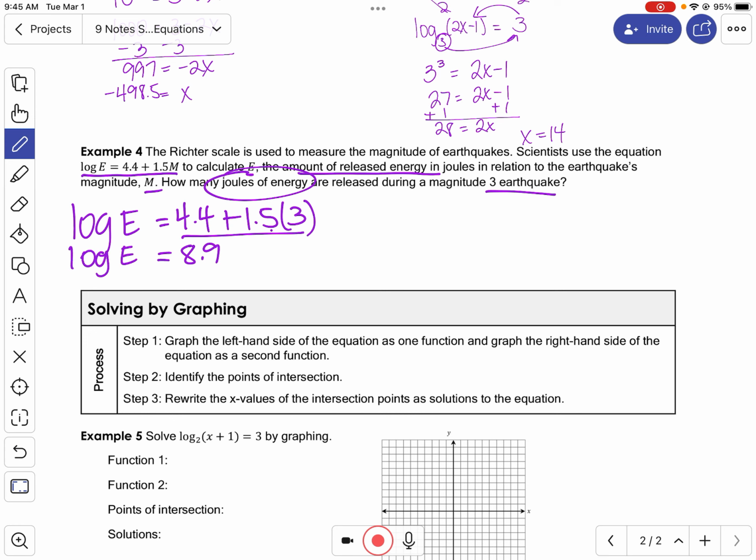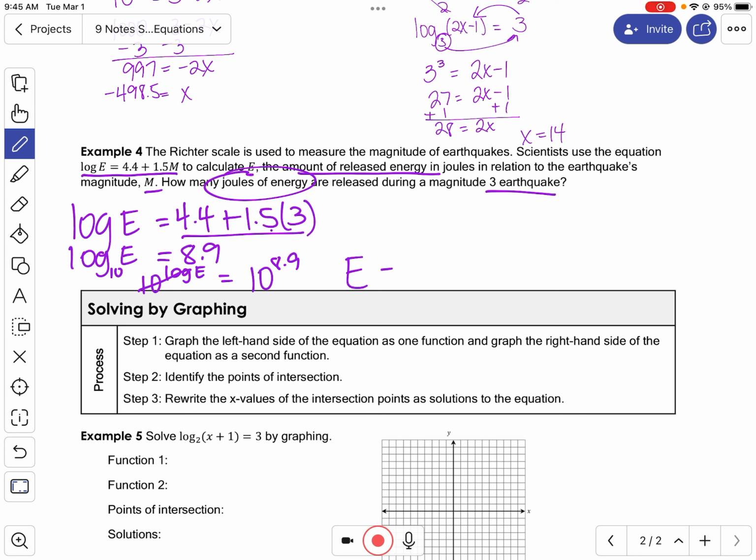And then I need to solve for E, which is the amount of released energy. So this is a log equation. You can use whatever method you want. I'm just going to look at my base. It's 10, so I'm going to do 10 raised to the log of E equals 10 raised to the 8.9. The reason I did that is because those cancel out.